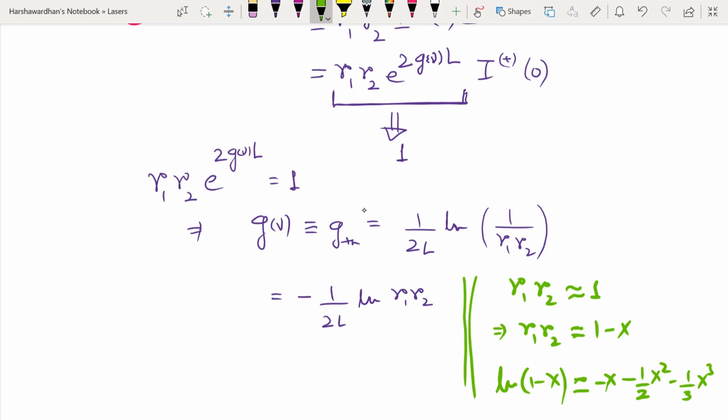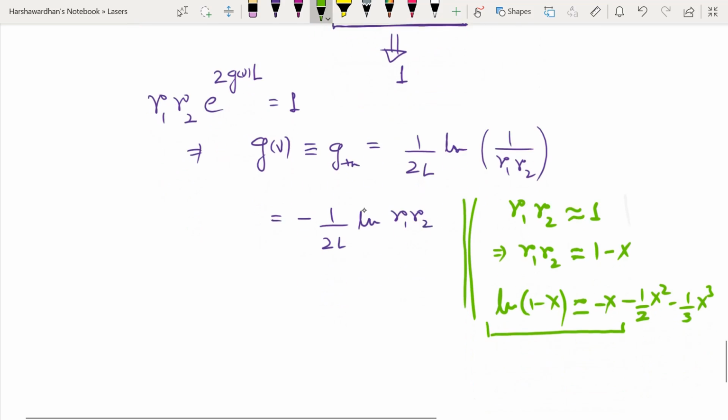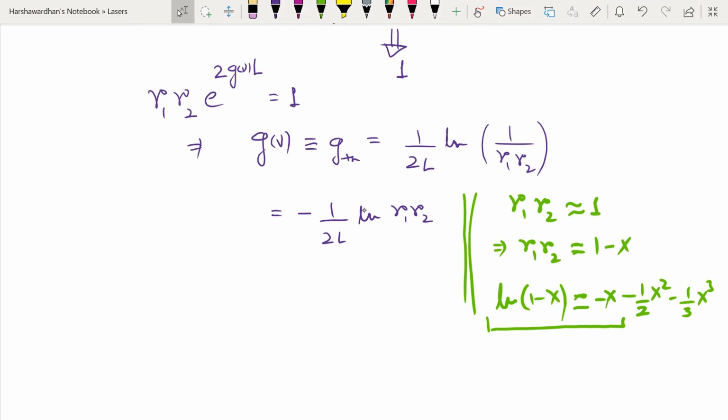So you see that if I just retain only the leading order term, then indeed I can replace log of 1 minus x by simply minus x, which is the same as 1 minus R1 R2, right?